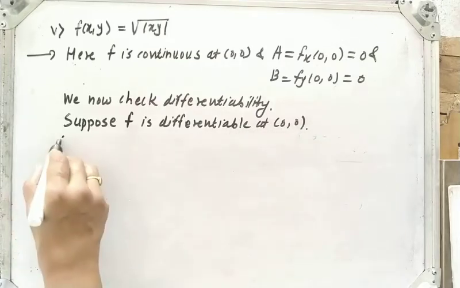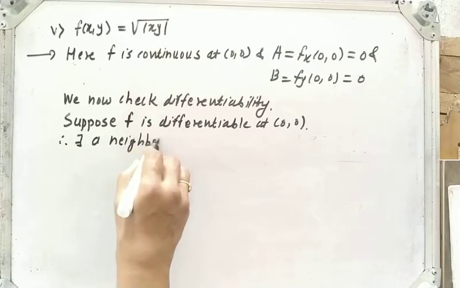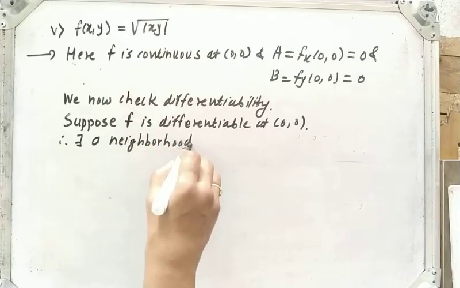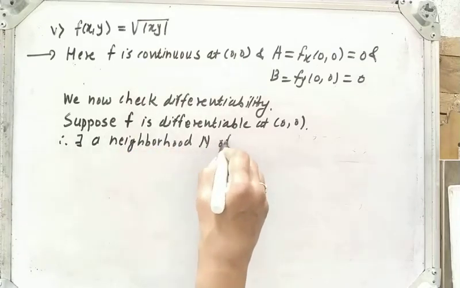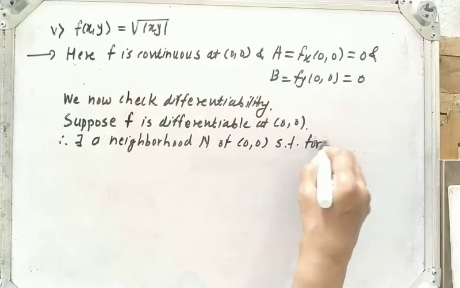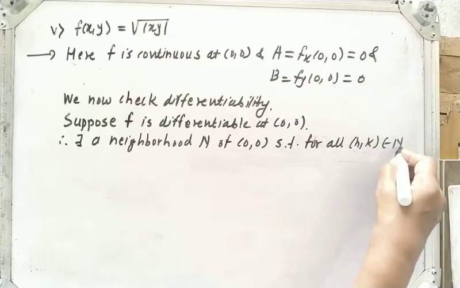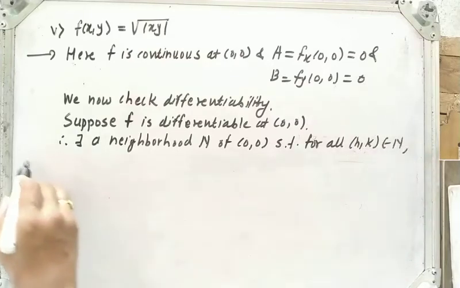Suppose it is differentiable, therefore there exists a neighborhood N of point (0,0) such that for all points (h,k) belonging to this neighborhood, what happens?